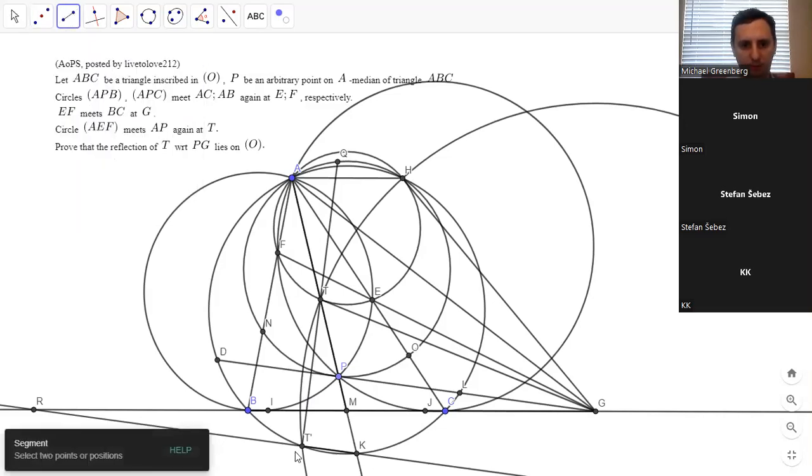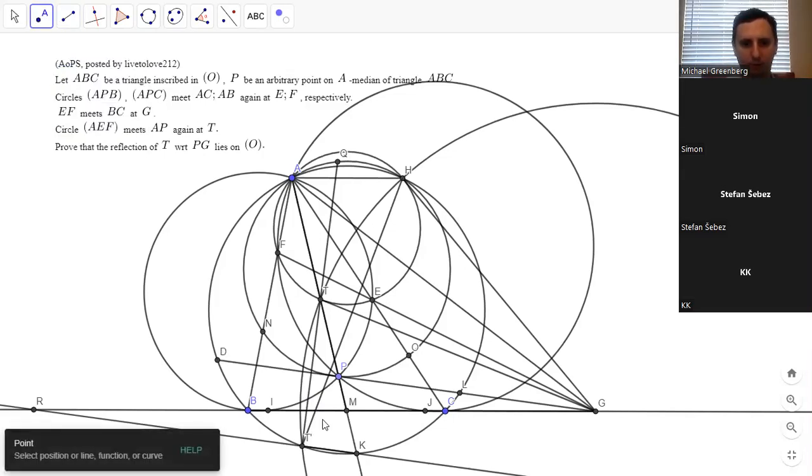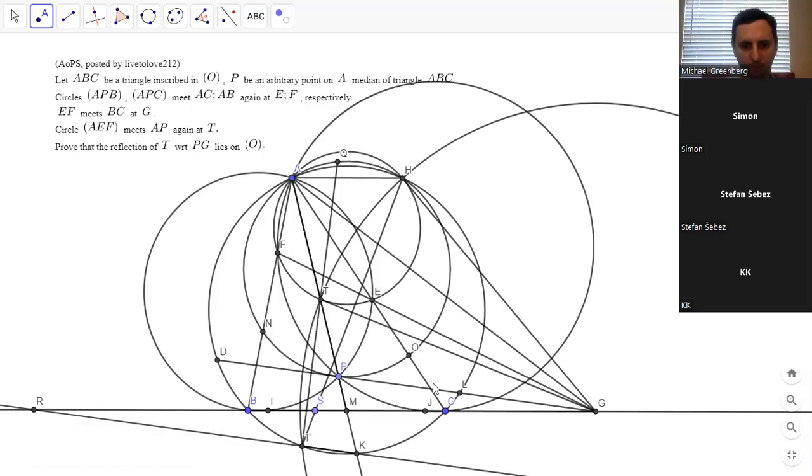Let's see. So this is S, and you're saying those would be in harmonic conjugation.